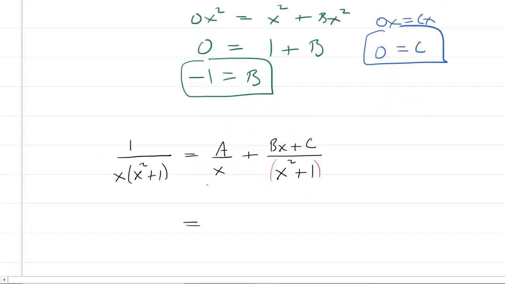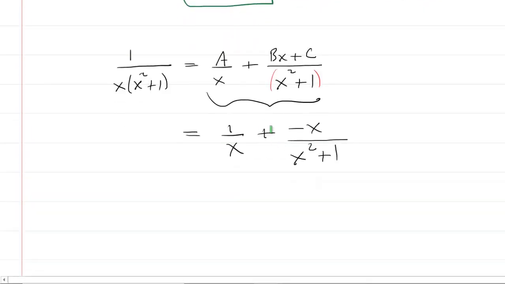So you can rewrite all of this by plugging those in. You'll have 1 over x, and then plus -x plus 0, because c was 0. I don't really like writing plus 0, so we'll just get rid of it, and then that's over x squared plus 1. We can simplify it a little bit. We are adding a negative, so let's just change that to a subtraction sign.